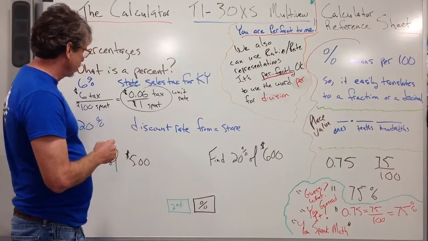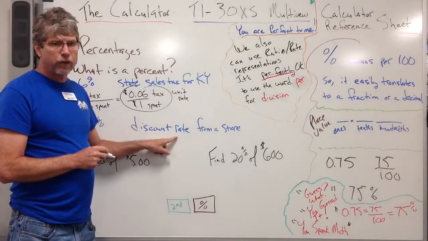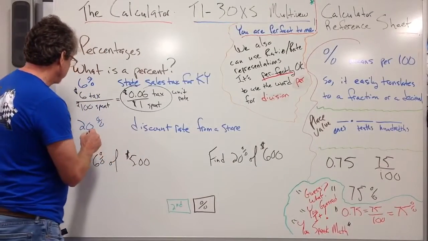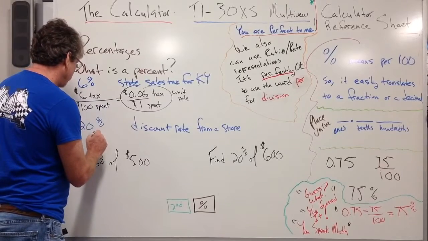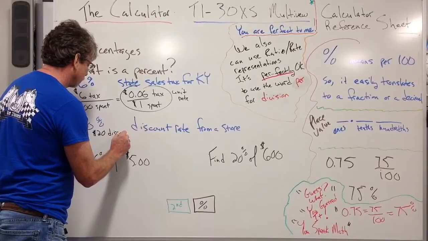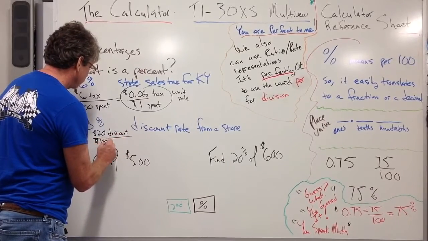20%. A lot of times 20% we may come across as a discount rate at a store. So again, what 20% means as a ratio is you get a $20 discount for every $100 that you spend.